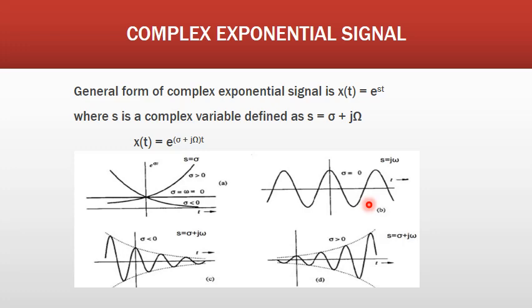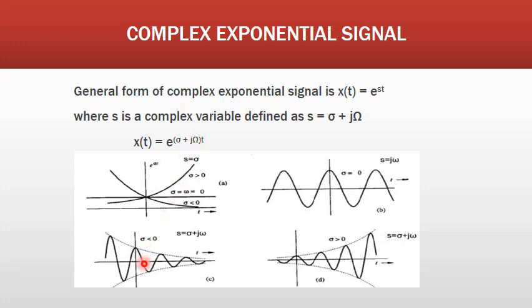And the next case, both sigma and omega exist. Sigma is not equal to 0 and omega is also not equal to 0. So, in that two cases are there. First case, sigma is less than 0 with a finite omega. Then the signal is exponentially decaying sinusoidal signal.